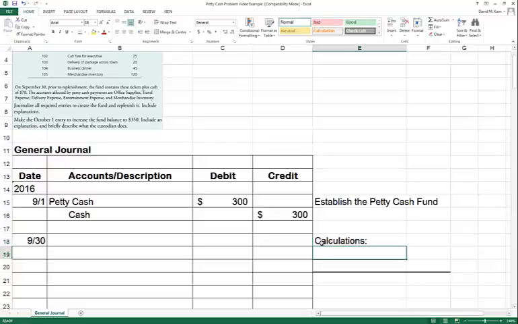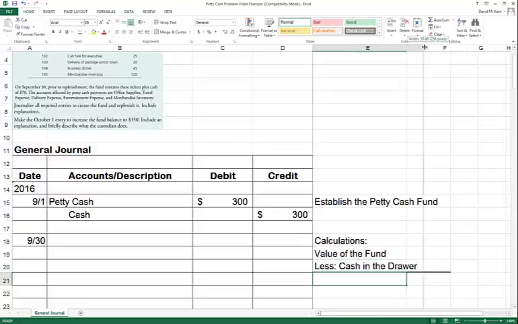The way we get that is we take the value of the fund and subtract out the cash in the drawer, and that will give us our credit to cash.